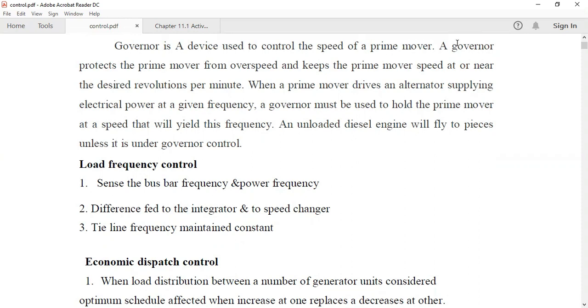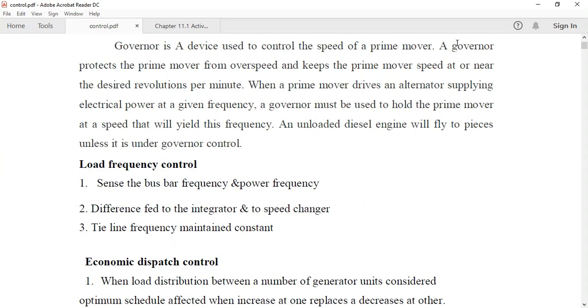It is a kind of closed loop system where the bus bar frequency is sensed and the power frequency is also sensed, and the values are compared, with the difference fed to the integrator and speed changer. So if there is any difference between the bus bar frequency and the power frequency, it will be sensed and sent to the speed changer.